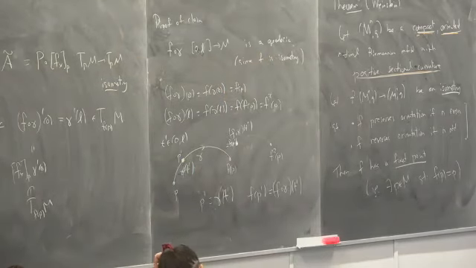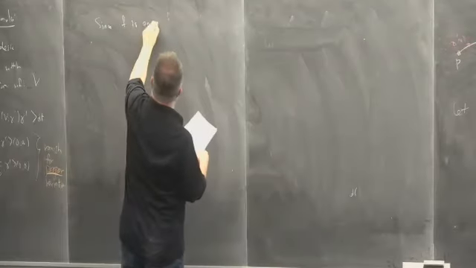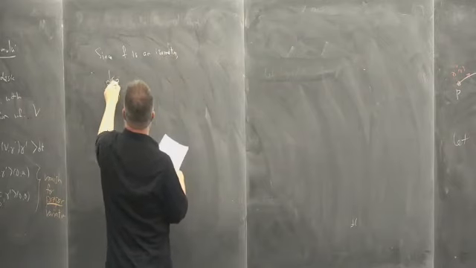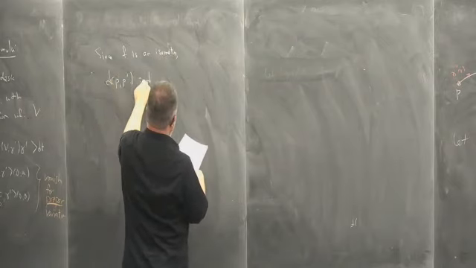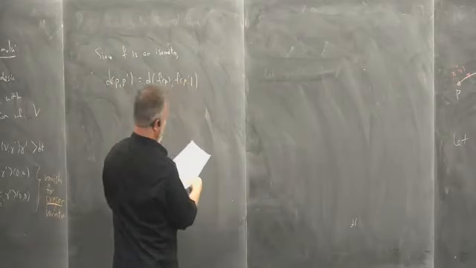Okay. So this is a nice argument. Since F is an isometry, we know that the distance from P to P prime is the same as the distance from F of P to F of P prime.